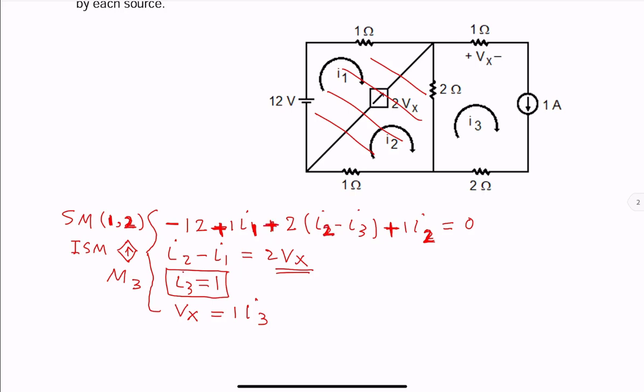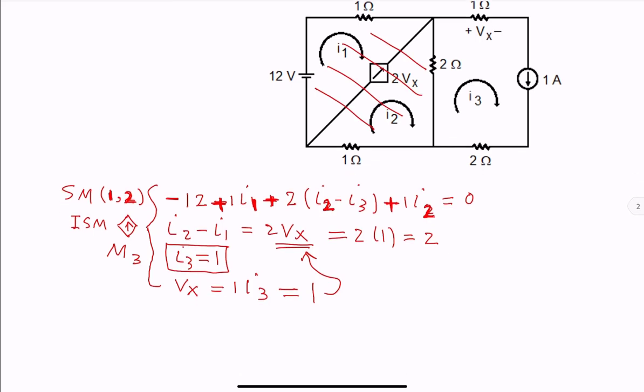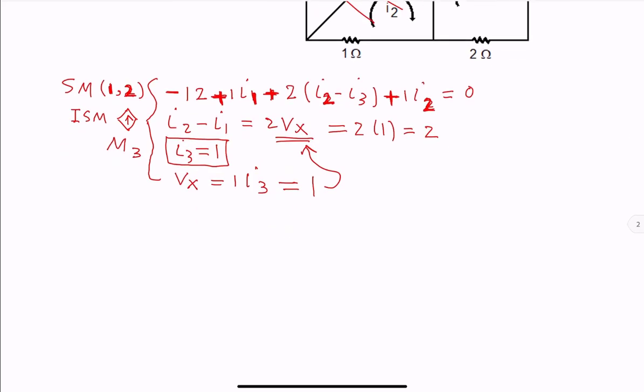So we don't have a sign mistake there. Vx is equal to I3 and I3 is equal to 1, so Vx is equal to 1. So if you substitute that right there, this equation becomes 2 times 1 equal to 2. So that reduces the problem to 2 equations in 2 unknowns, first and second equations.